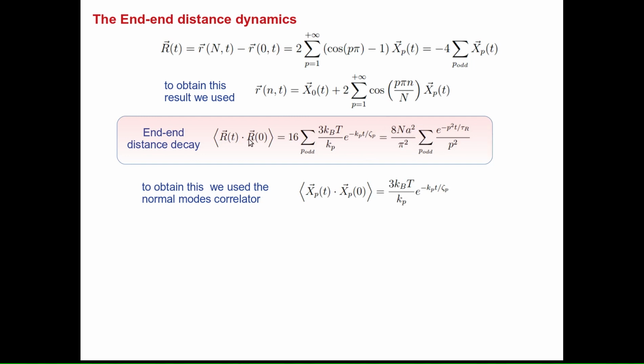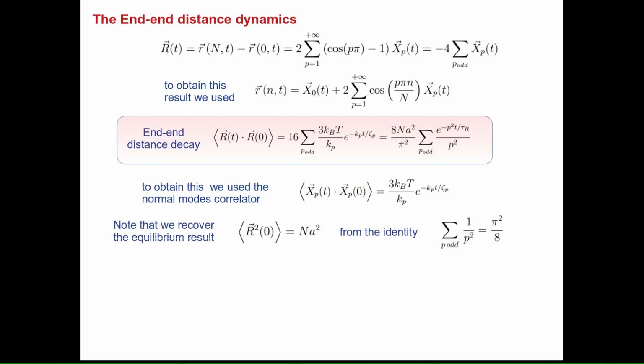So the end-to-end distance decays in time in the following way. It's an infinite sum of exponentials, right? And if we now set the time t equal to 0, what we get here is R squared.